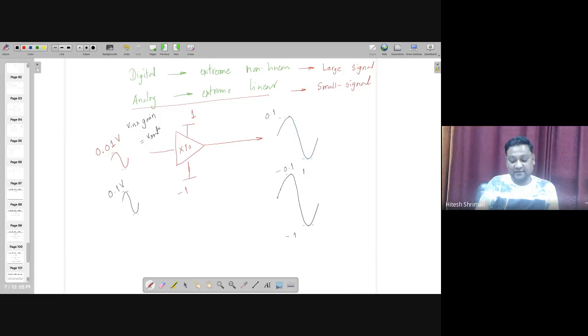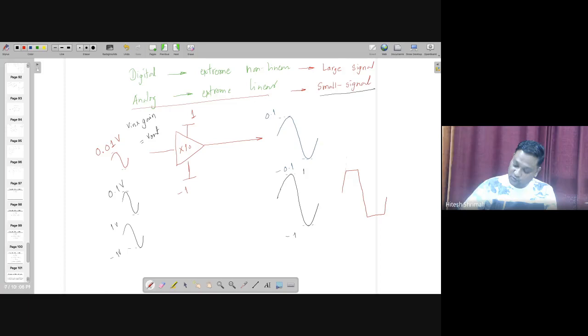So the relation is really linear as long as it's a small signal input. It means that if you are going beyond this 0.1 volt, because it's the dynamics of this amplifier that the gain is multiplied by 10. If it were multiplied by 100, then this would not be a small signal input. But in the case of multiplying by 10, if you are giving 1 volt and minus 1 volt as input, the output will not look like this one, but it will look like this one.